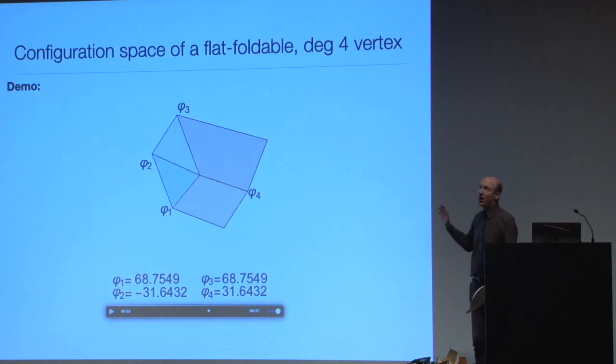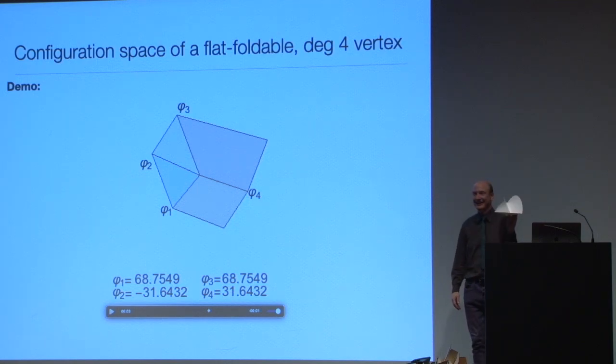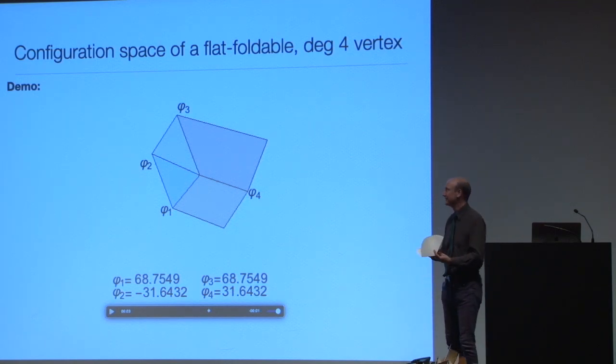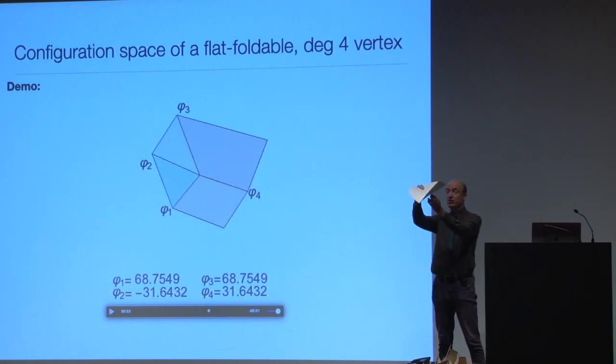And that's actually not that hard to prove, except the best proof I know of uses something called spherical geometry, which is really cool. But I don't want to talk about that too much, just to give you an idea, imagine I put my degree 4 vertex at the center of a sphere of radius 1. And then I see how the paper cuts into the sphere.